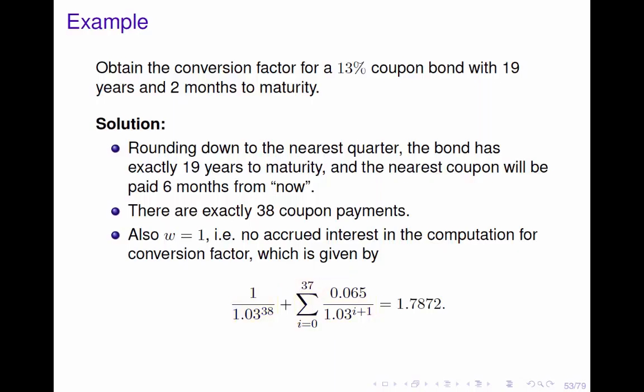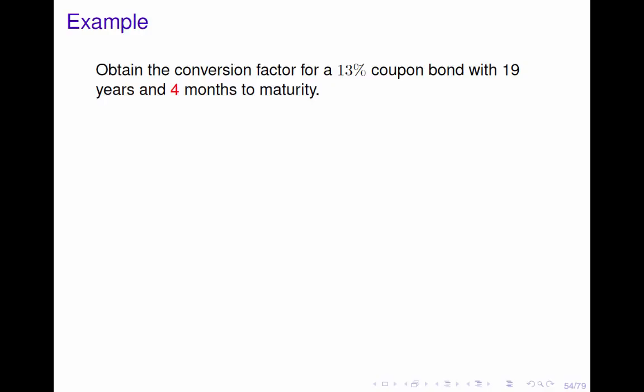Note that the 13% coupon rate gives a 0.065 semi-annual coupon for $1 face value, and the discount factor is calculated from the 6% yield rate with semi-annual compounding. Thus, we get the conversion factor for this coupon bond being 1.7872. Second, let's consider the same coupon bond, but with 19 years and 4 months to maturity.